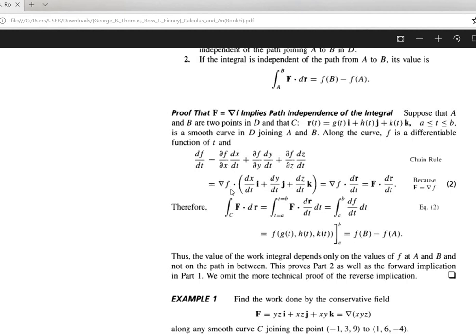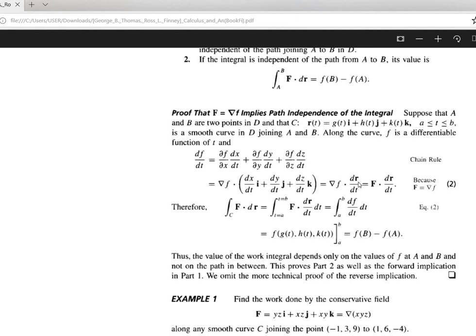This is actually del f dot dr by dt, where del f is dou f by dou x into i plus dou f by dou y into j plus dou f by dou z into k, and dr by dt is dx by dt into i plus dy by dt into j plus dz by dt into k.